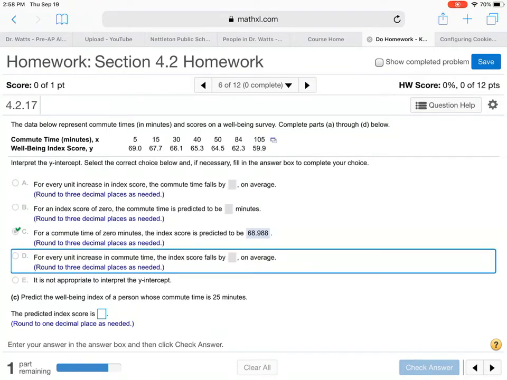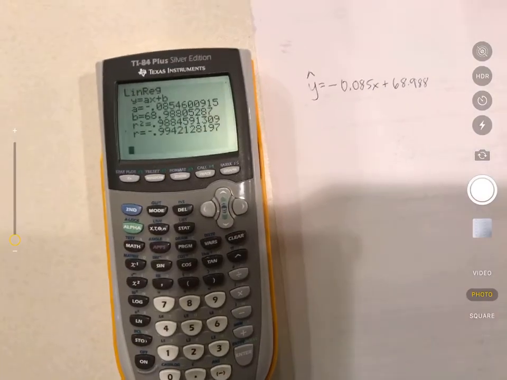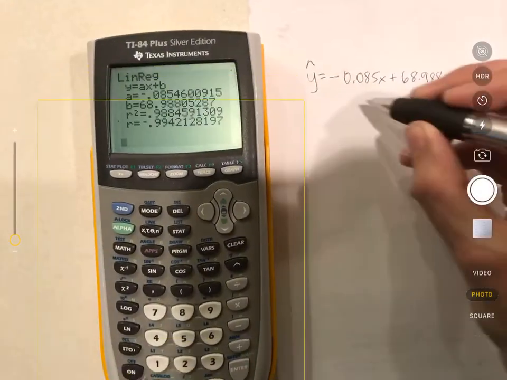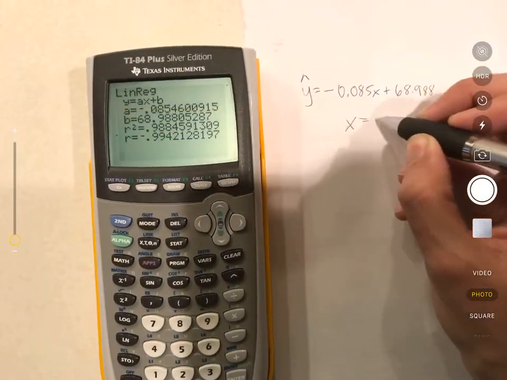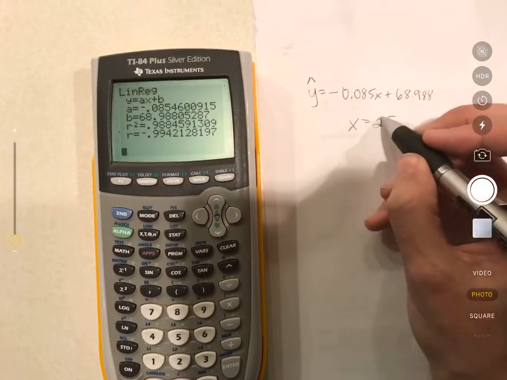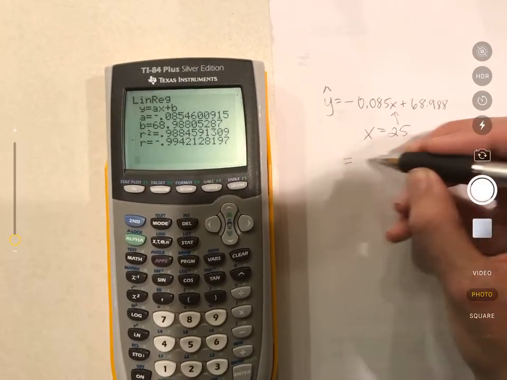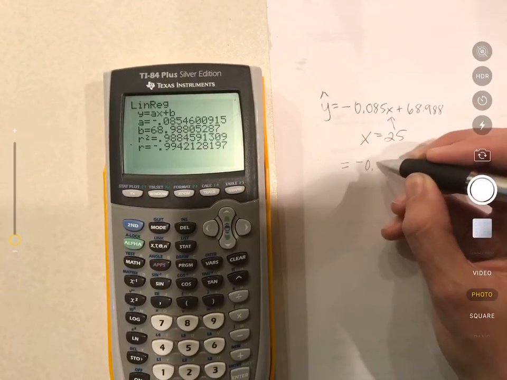Okay, part C, the next thing we want to do is predict the well-being of a person whose commute time is 25 minutes. So we'll need our calculator again for this. So what you're doing is you're given that x equals 25. So you're going to substitute that in for x into the y hat regression line.